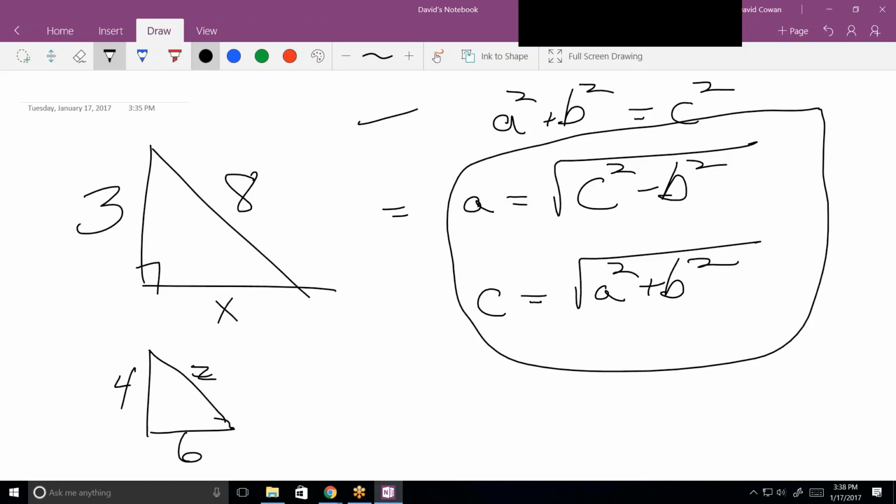In other words, if you're solving for the other short side, then b equals the square root of c squared minus a squared. The hypotenuse is always equal to the square root of a squared plus b squared. But one of the short sides is always equal to the square root of the hypotenuse squared minus the other short side squared.